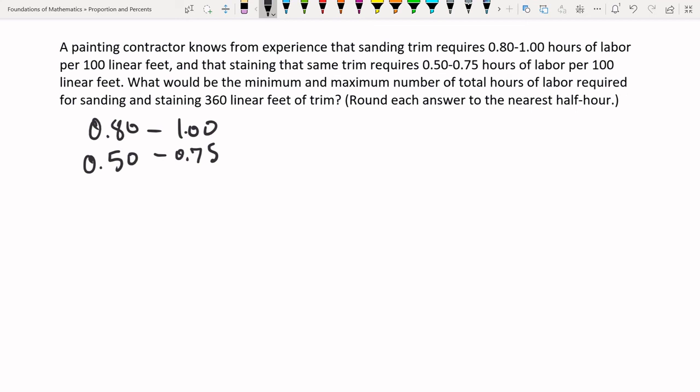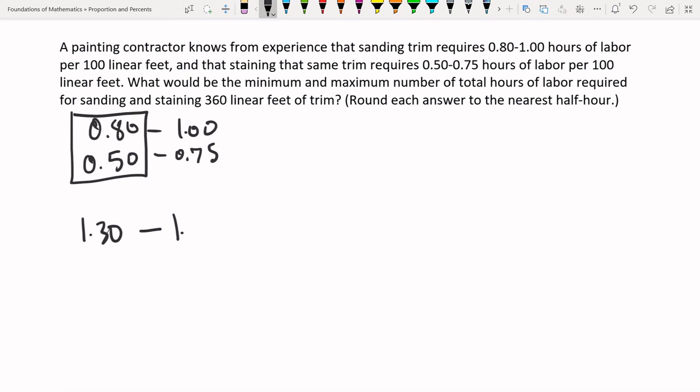So looking at the minimums, right? If 0.8 hours for 100 linear feet and 0.5 hours for 100 linear feet, then we have 1.30 hours per 100 linear feet as a total. And the maximum would be 1.0 hours of labor per 100 linear feet and 0.75 hours of labor per 100 linear feet.